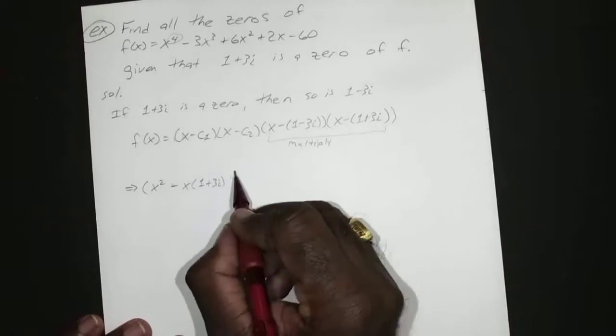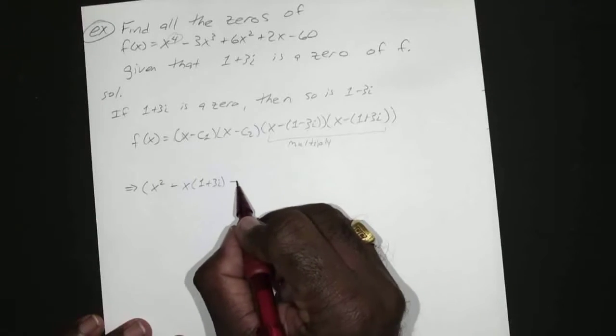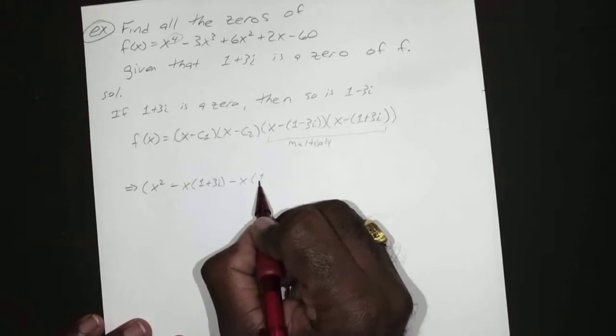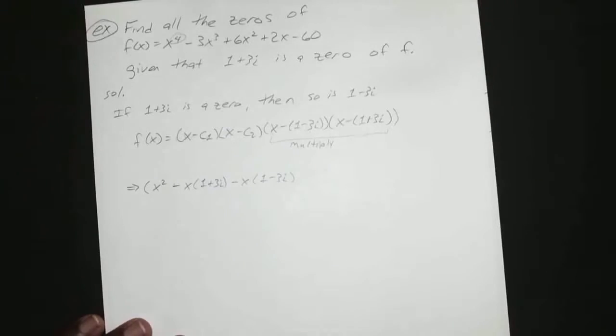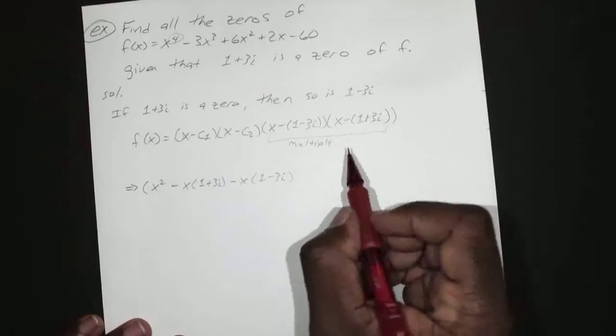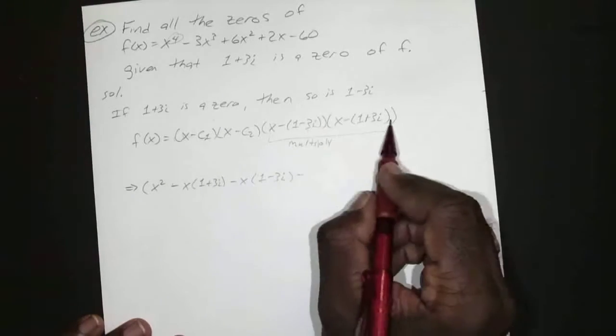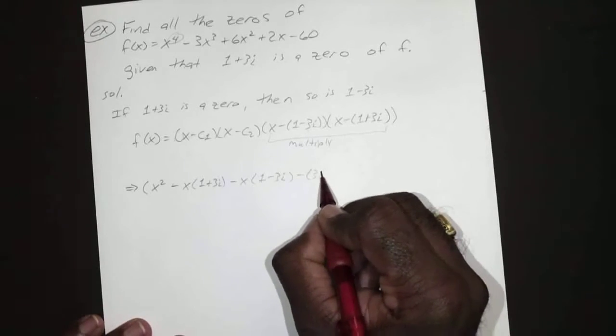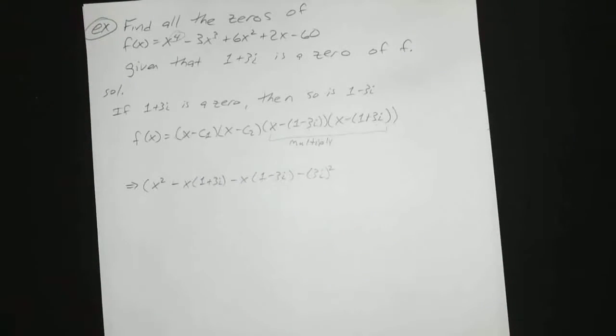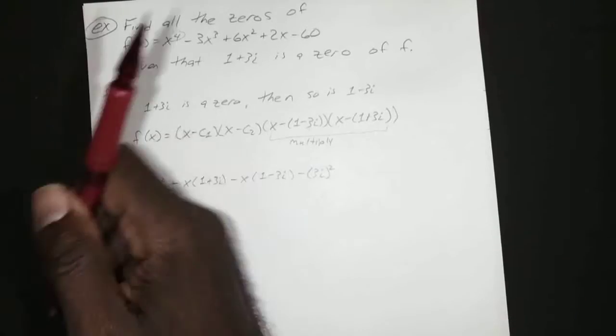Your inner is minus x times 1 minus 3i. And your last is negative 3i squared. Oop, did I get that? All right, so if we just get those, don't really need that one here.